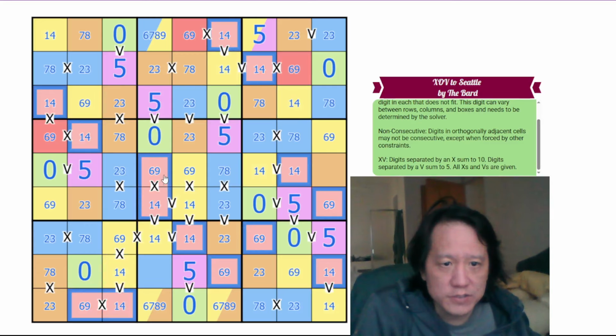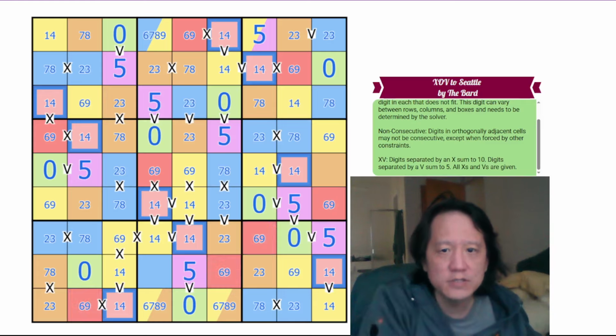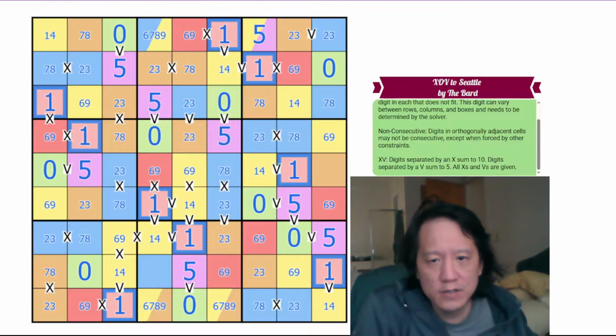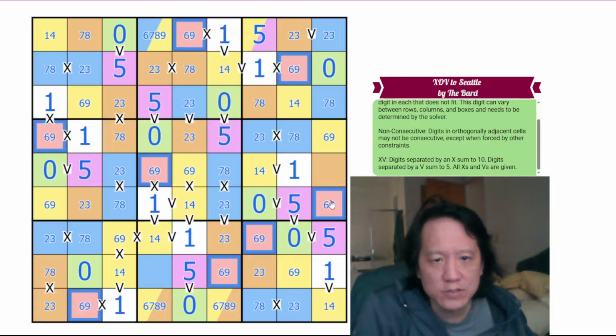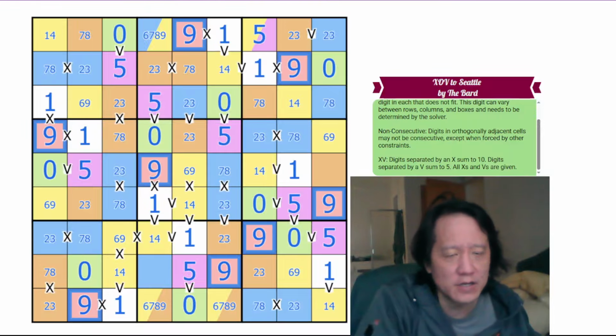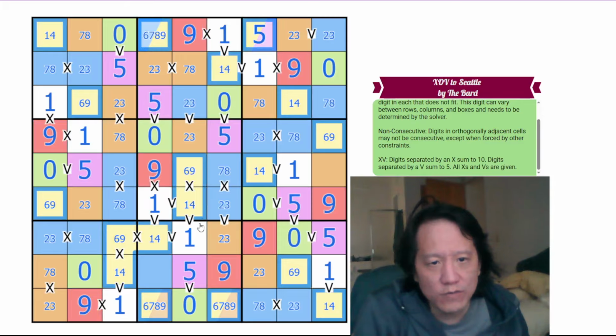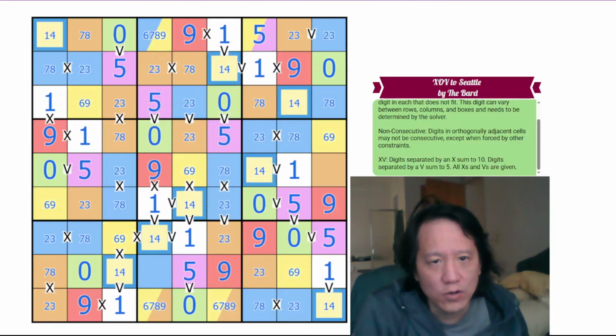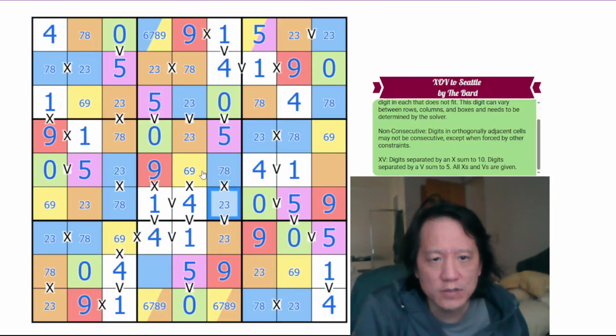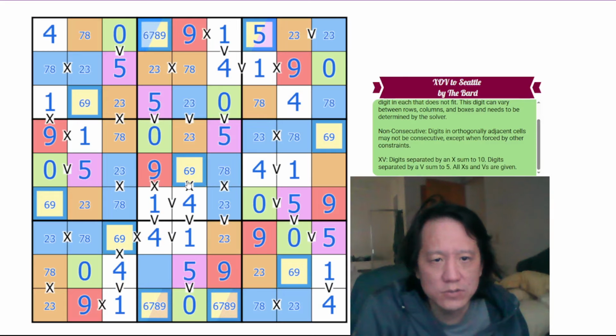Okay, we remove all the 6 9s. So red has to be 1. We can delete those colors. The remaining reds are 9. So that means the yellow 1 4s are 4. We can delete those colors and the remaining yellows.